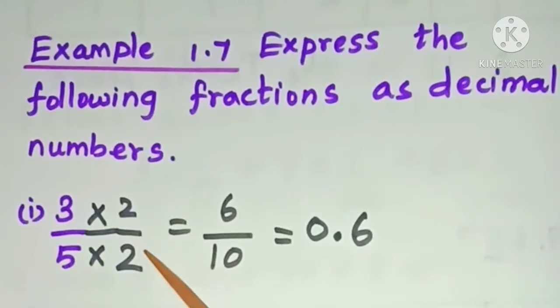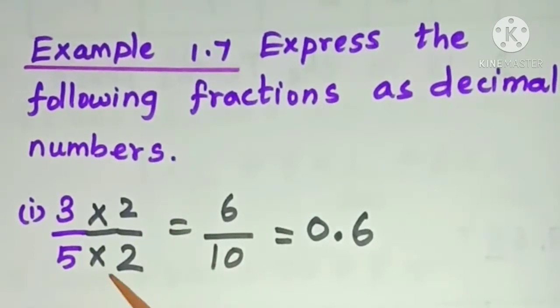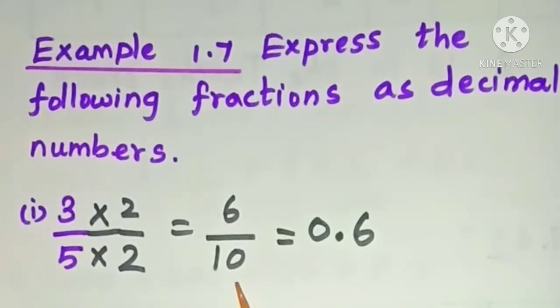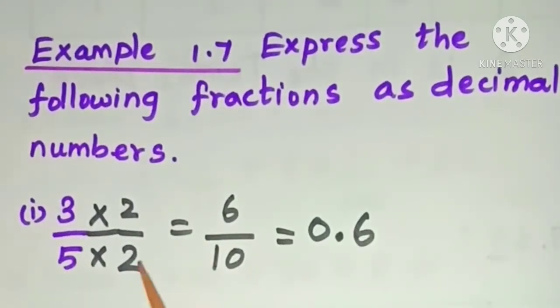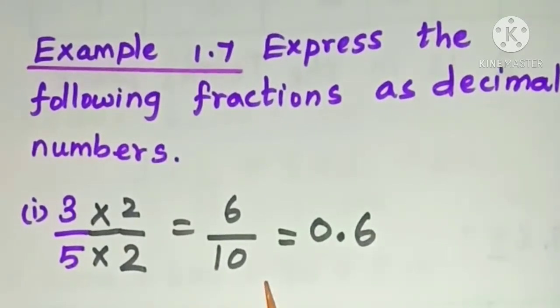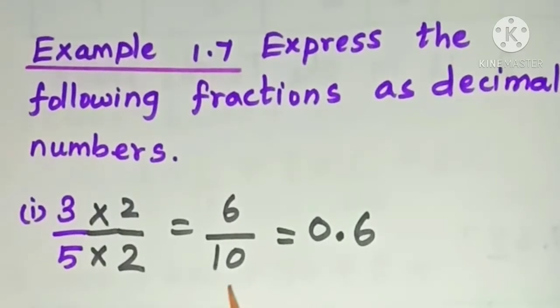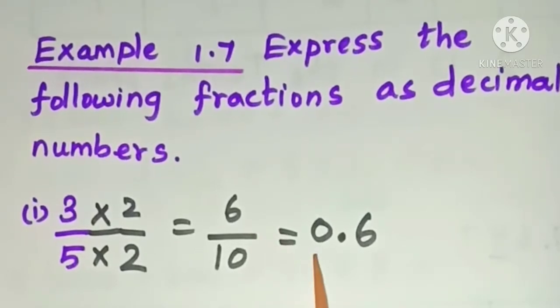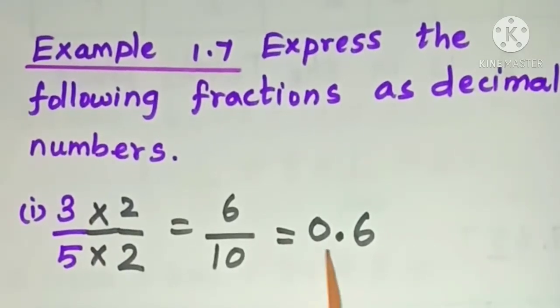So students, we have to find a fraction equivalent to 3 by 5 whose denominator is 10. So when we happen to divide to integer, it will be easy for us to convert the denominator as 10 or multiples of 10. And then in the answer, we need to put the decimal point before the number of zeros found in the denominator.